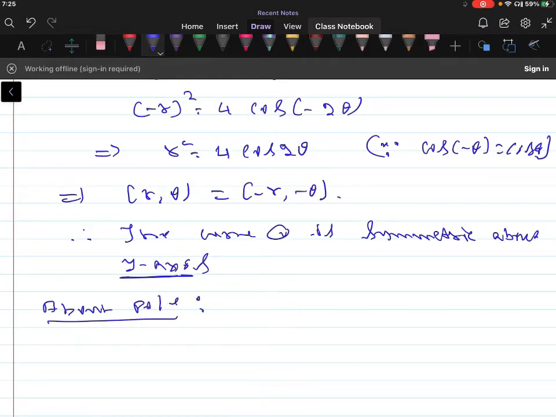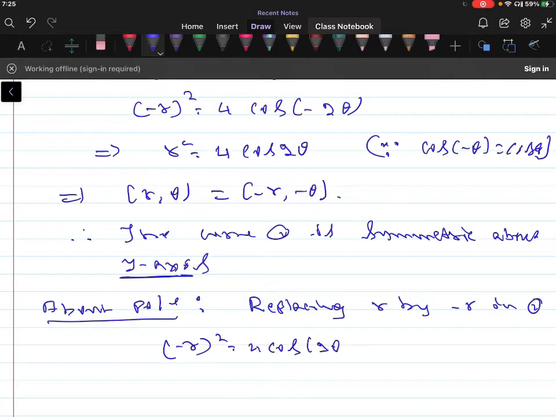If you want to see that the given equation is symmetric about the pole, replace r by minus r in equation 1. We get minus r whole square is equal to 4 times cos 2 theta. This implies r square is equal to 4 cos 2 theta.